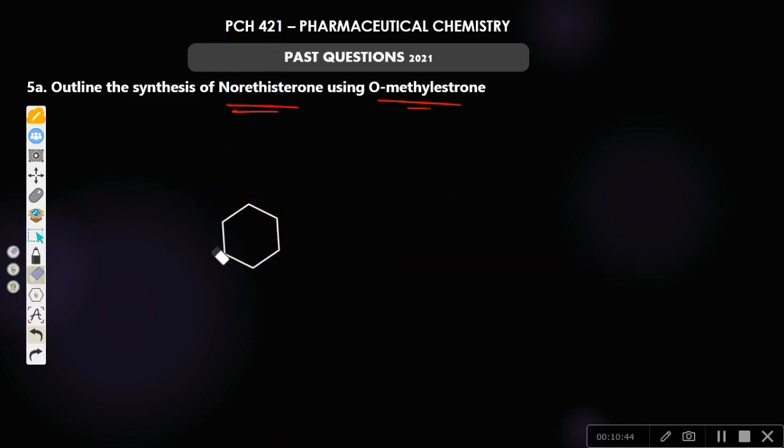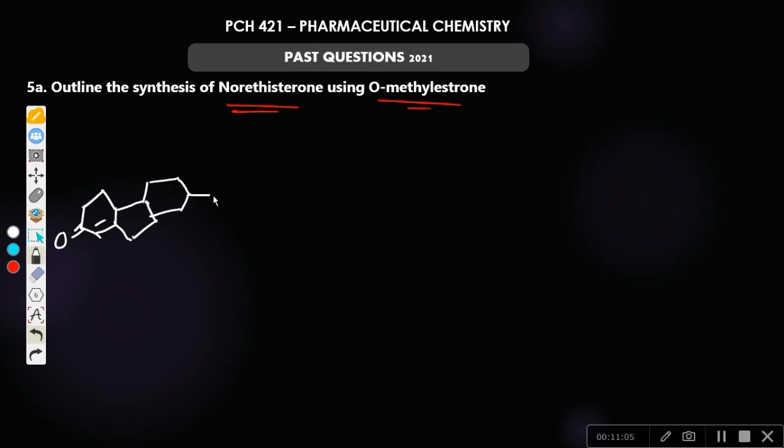Let me just write it instead of trying to draw something like this. Let's draw the structure of norethisterone. It has a double bond O, this group here, and then you have something like this.